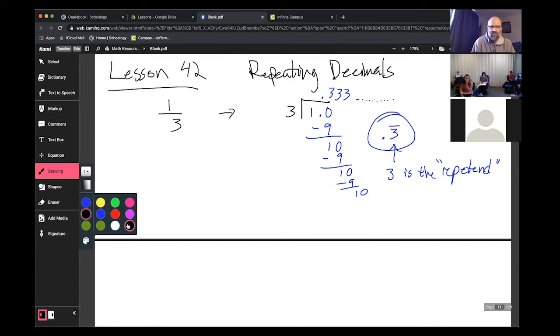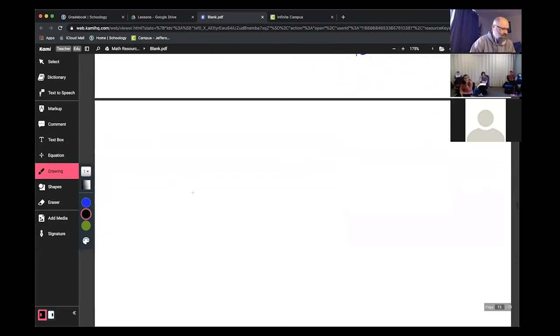Let's do an example of a decimal where you're not repeating all of the digits. So let's try this division problem: 11 divided into 3.5. Okay. So try this on your paper and let's see what we get. And I'll be right behind you. Okay. Start doing this division.